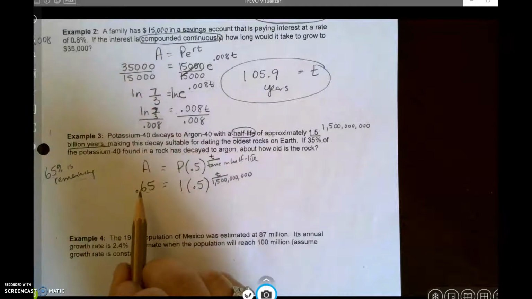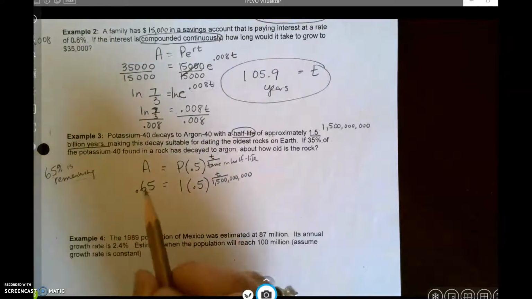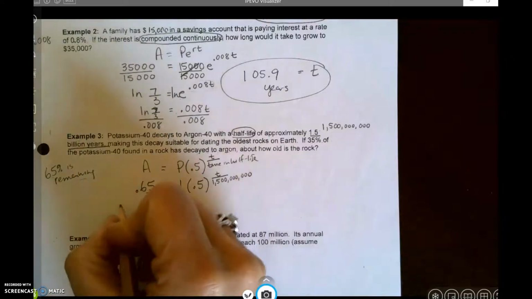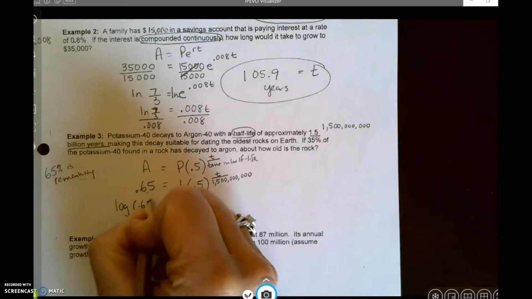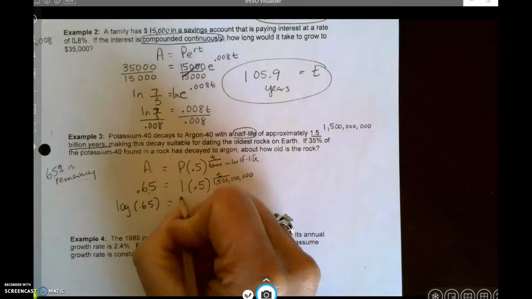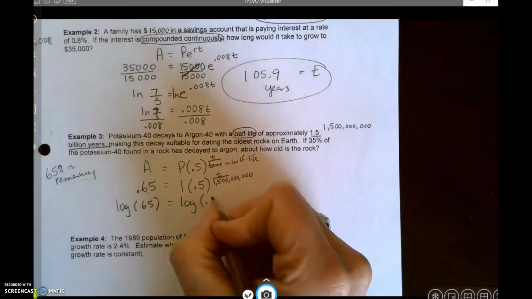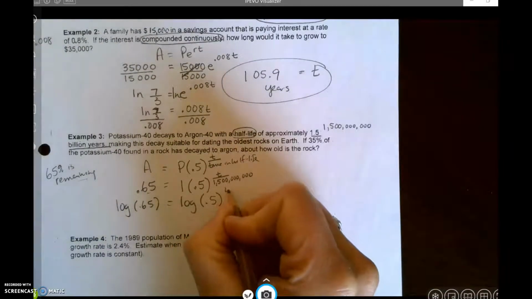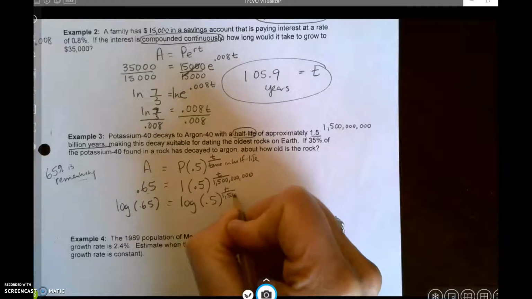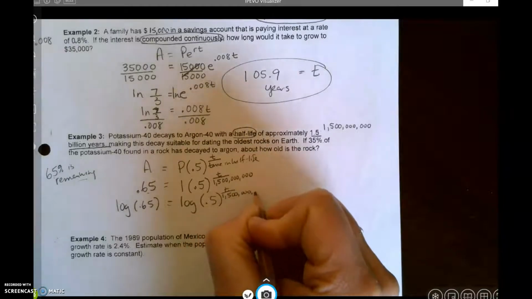I'm not going to take the natural log of each side because I don't have an e. I can take the log of each side. So the log of 0.65 equals, I don't need to have that 1 there, because 1 just keeps it the same, the log of 0.5 to the t over 1,500,000,000.